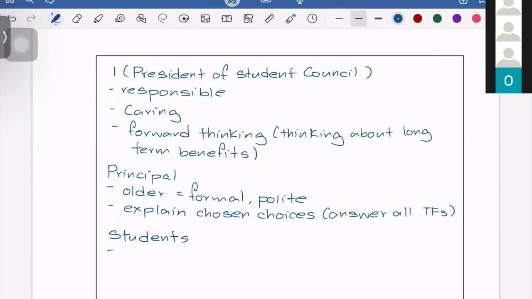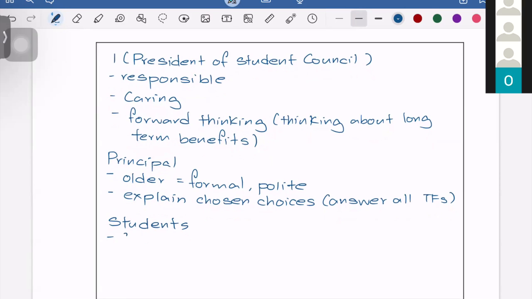Details that you need about the students. What are their current feelings about the library? So think about the struggles they have or their satisfaction level towards the current library.